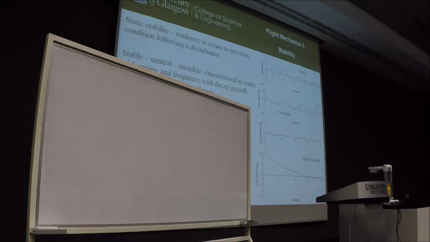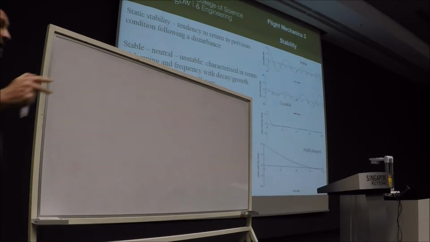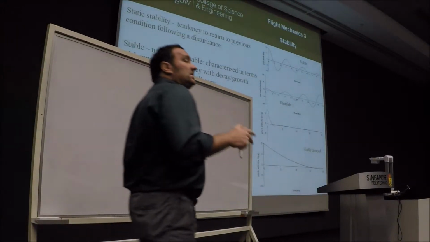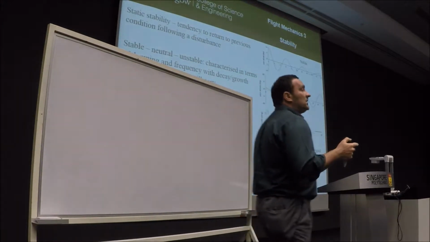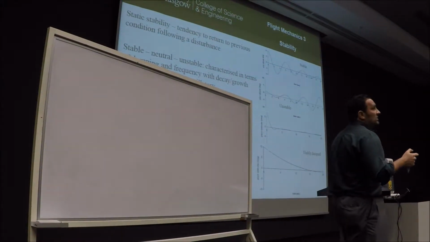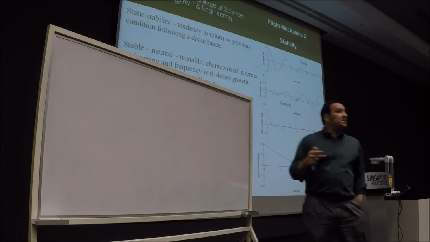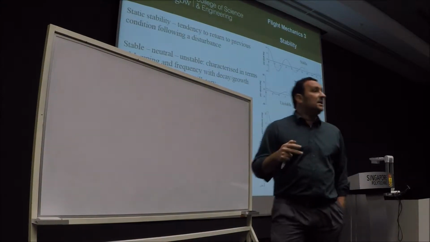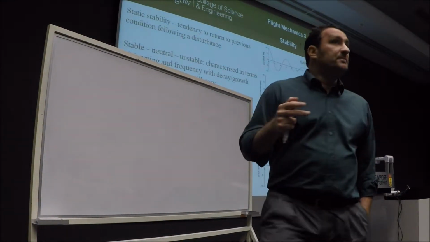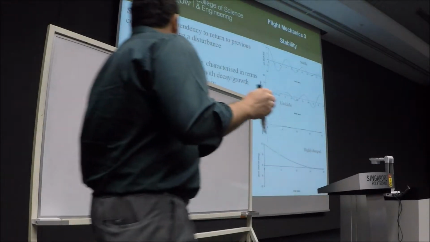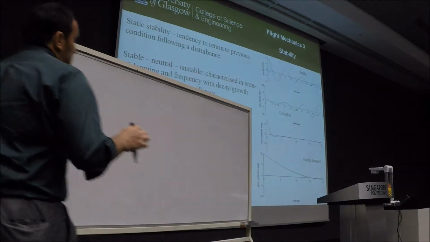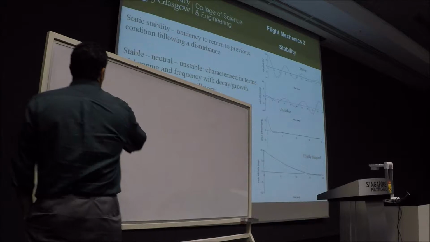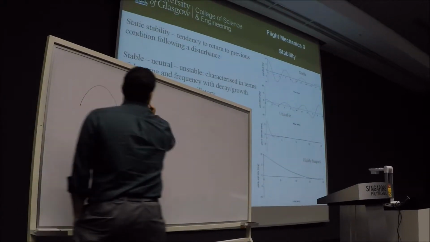That is, following a perturbation, the aircraft will settle at a new stable configuration, which is different from the one it had before. So to illustrate this with an easy to visualize example, you can imagine the following three situations.